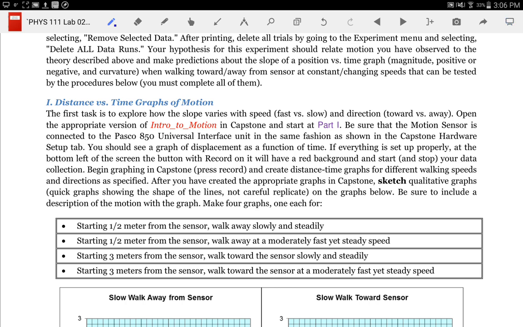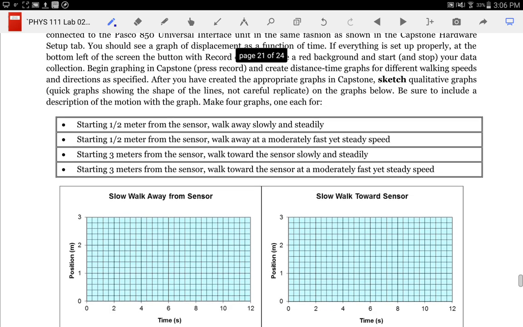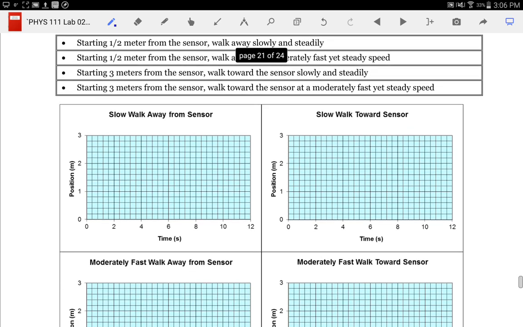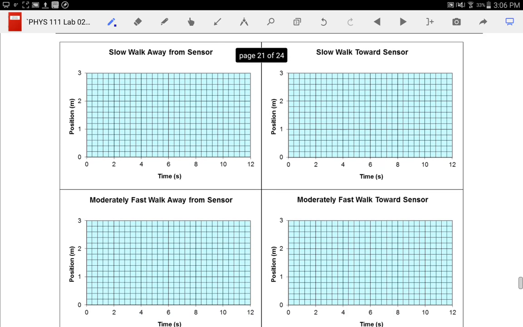And the first time you go through, you're just going to sketch and describe the motion here. So I have 4 types of motion: slow walk away, fast. Fast means faster. Don't be running. We want everybody to be safe, right?